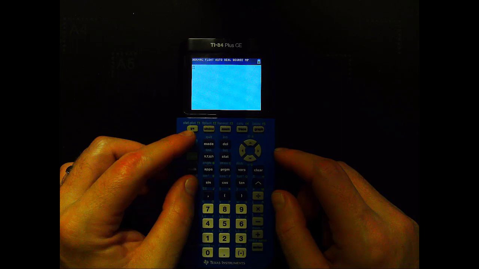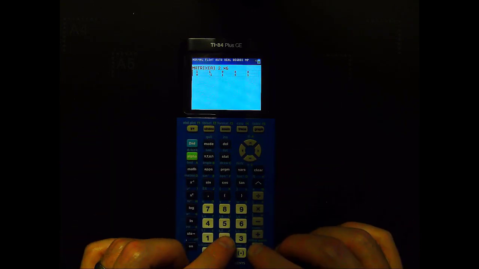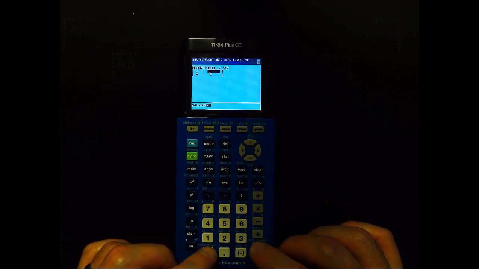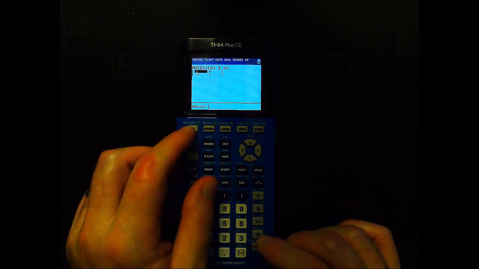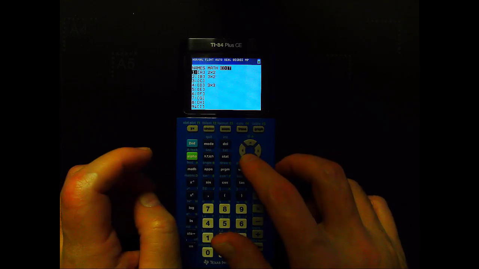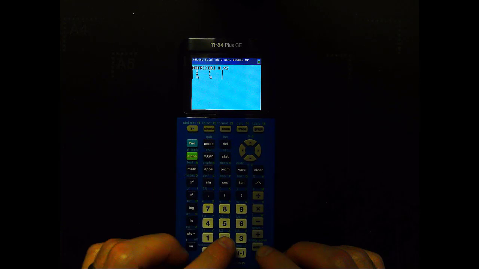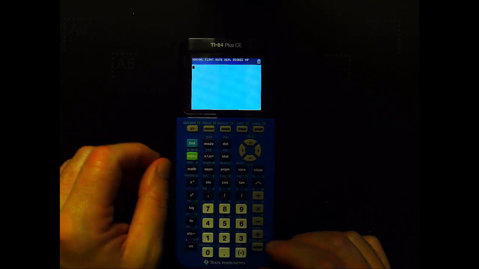Consider the following example. When I enter a matrix A, it's going to be a 2 by 2. What are the entries going to be? How about 1, 3, -1, 2? And I also want to enter a matrix B, so I'm going to come down and edit matrix B. It too is going to be a 2 by 2. Let's make that 2, 1, 0, 1, 1, 1.